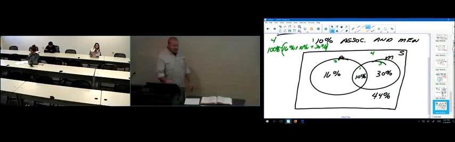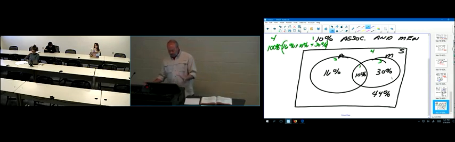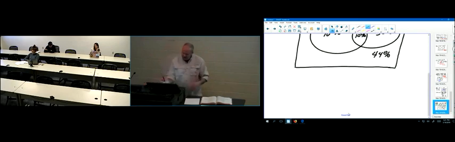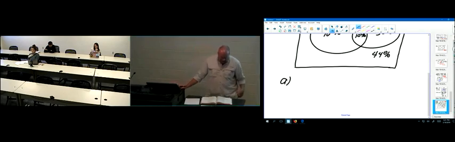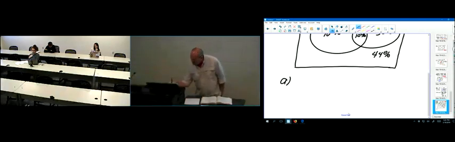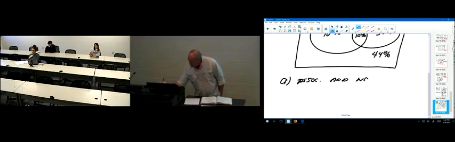Right? Now, we didn't even answer the question. I did all that just to fill in the Venn diagram for you. Remember, it's a tool. It stops you from counting stuff twice. If I look at part A here, it says, what percent of all degrees are associate's degrees earned by women? Associate and women. Oh wait a minute.